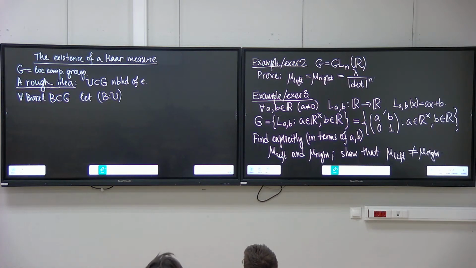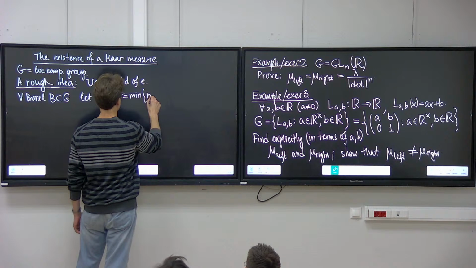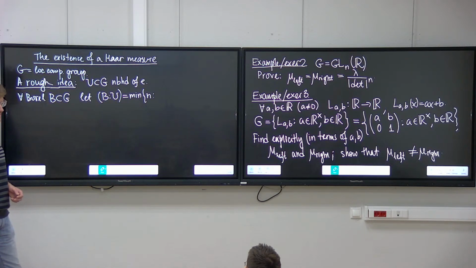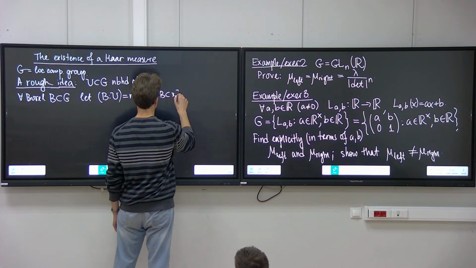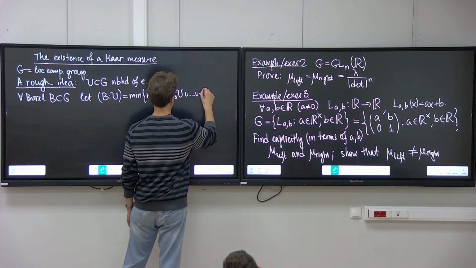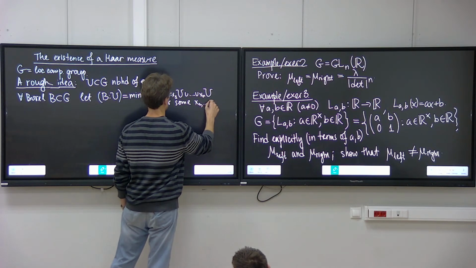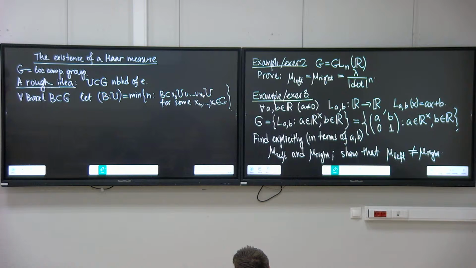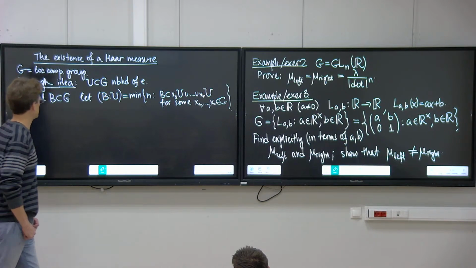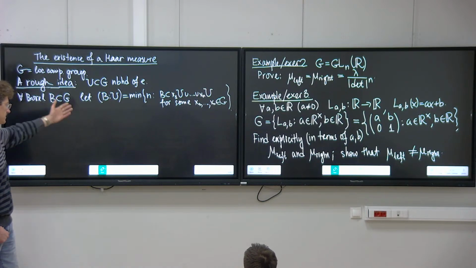In some sense, this number is a relative size or a relative area of B with respect to U. Formally, this is the minimum number N such that B is covered by N translates of U. B is contained in x1 U union and so on up to xn U for some points x1 to xn in G. If B is not compact, then finitely many translates of U need not cover B, and in this case the number is infinite.